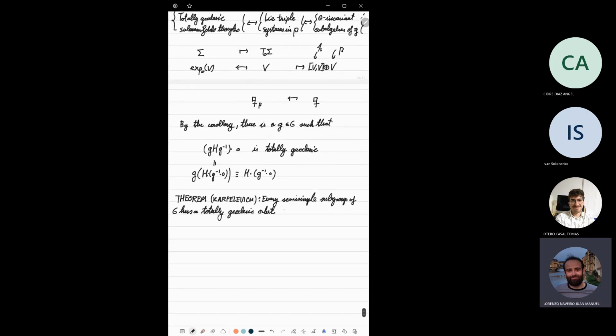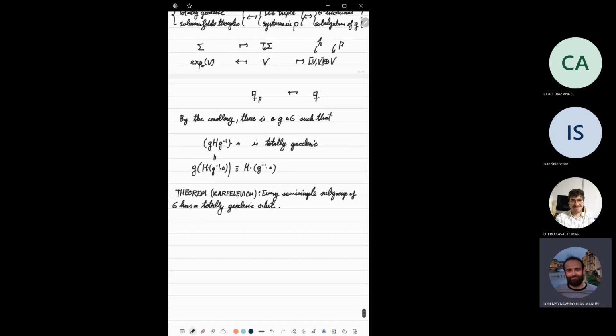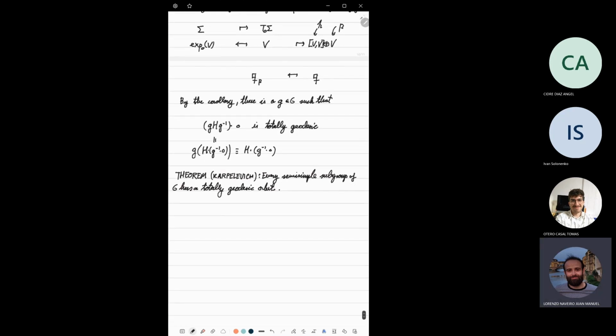In reality, these two theorems are equivalent, even though we just proved an implication.